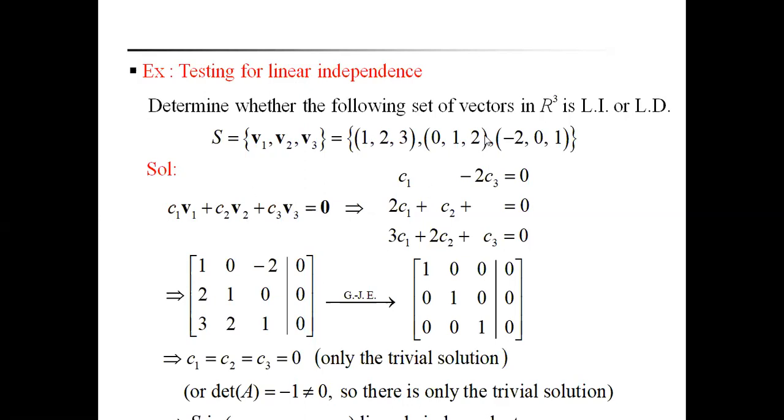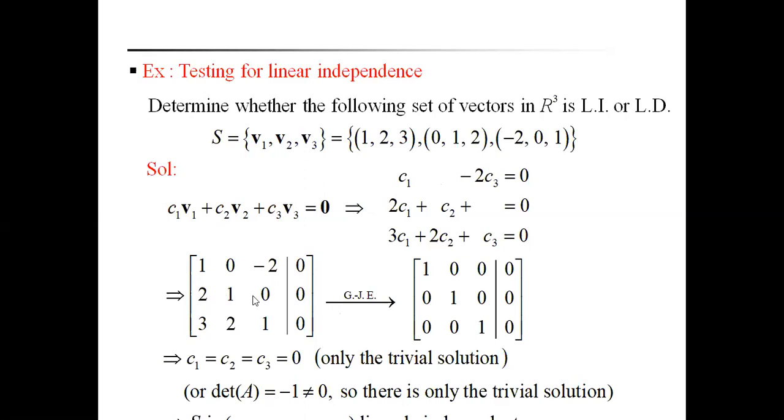Writing it as a system of equations: C1 minus 2C3 equal to 0, 2C1 plus C2 equal to 0, 3C1 plus 2C2 plus C3 equal to 0. Write in matrix form: 1, 0, -2; 2, 1, 0; 3, 2, 1. Since C2 is not there in the first equation, that coefficient is taken as 0.